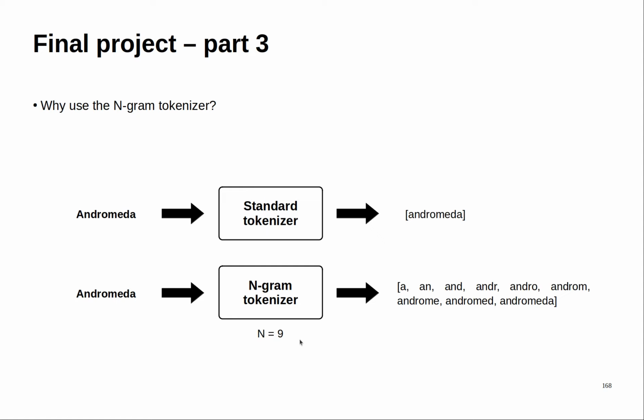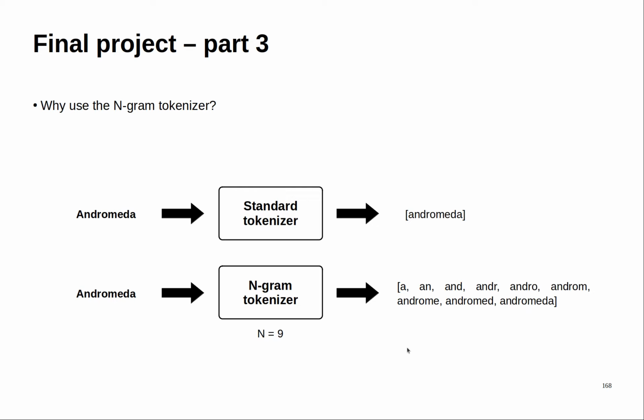For this case, with n set to 9, it generates progressively smaller tokens starting from A and building up to the full word Andromeda. The tokens produced by the Ngram tokenizer mirror how you will type Andromeda while searching. First, you type A, then N, and so on, until you type the complete word.